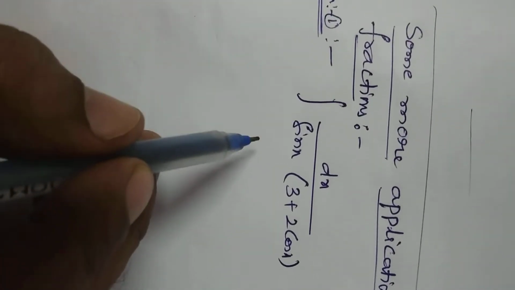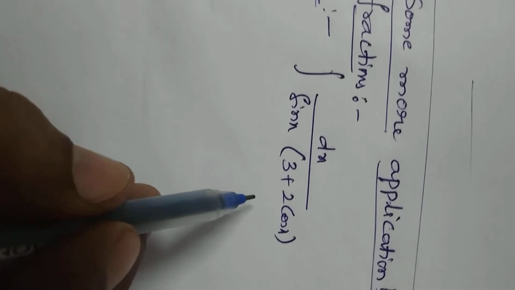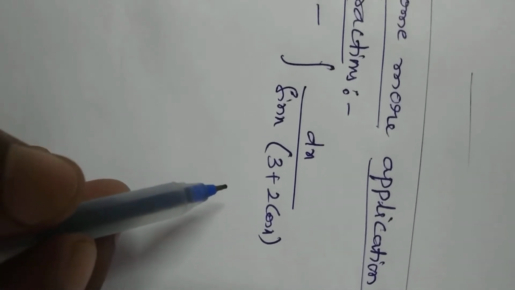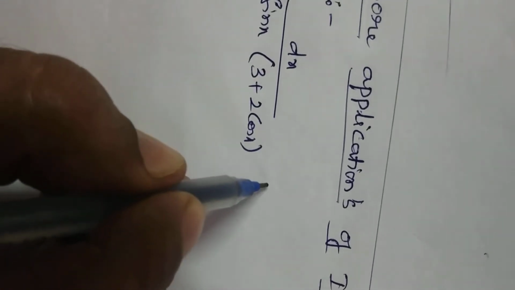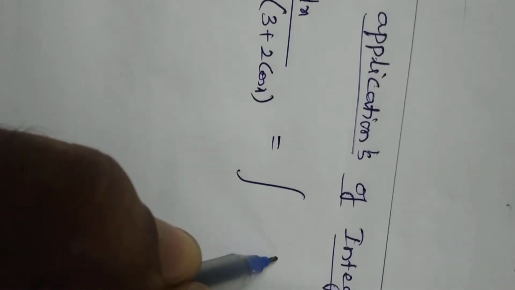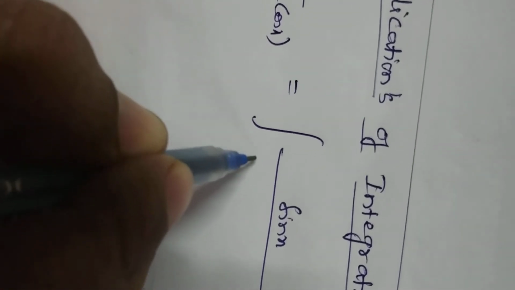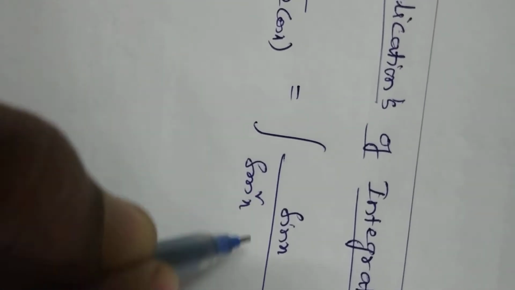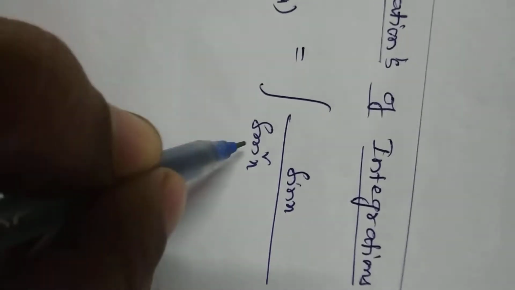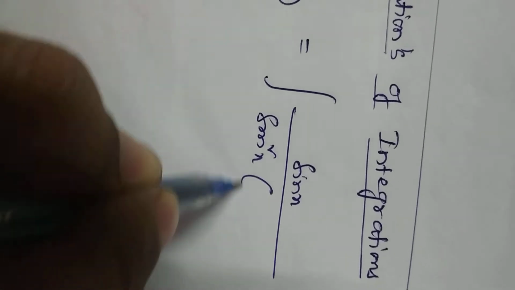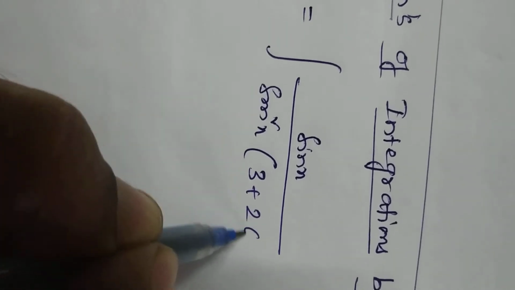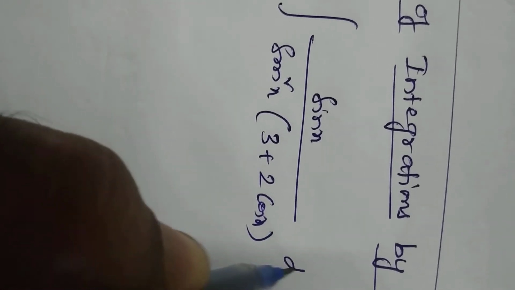Integration of dx by sin x into (3 plus 2 cos x). Here, first of all, multiply and divide with sin x, so we get sin x by sin square x into (3 plus 2 cos x) dx.